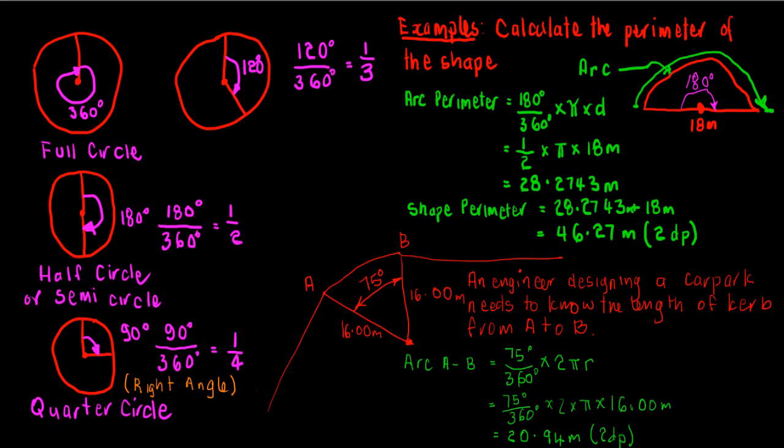That'll give us the fraction of the total circle times 2 pi r. 2 pi r gives us the circumference of a circle that was 16 meters in radius. Note that it's radius, so that's 75 over 360 times 2 times pi times 16. We put that in our calculator, multiply it out, we get 20.94 meters, to 2 decimal places.